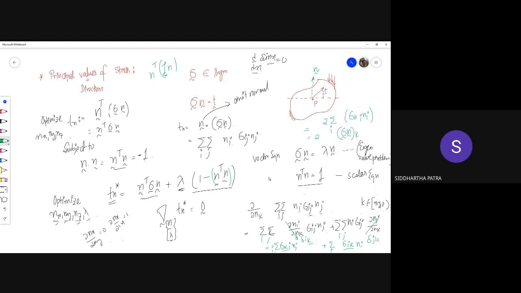Similarly, lambda is not something that you can take a derivative of with respect to nx, ny, or nz. They are independent, so that part goes to 0. The first term goes to 0.